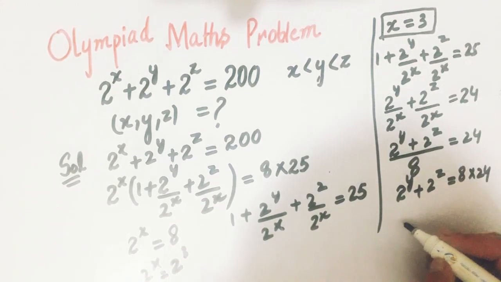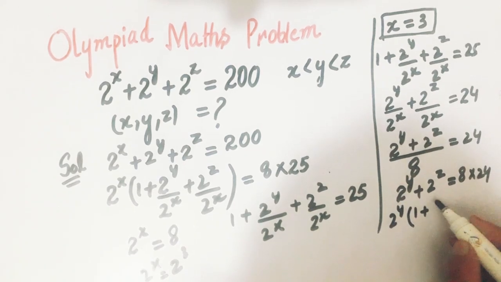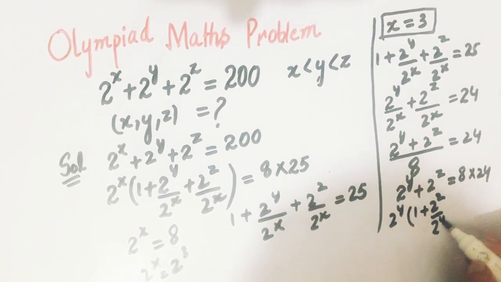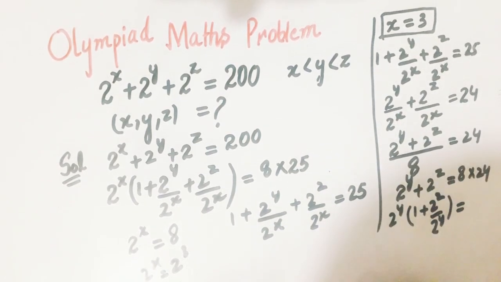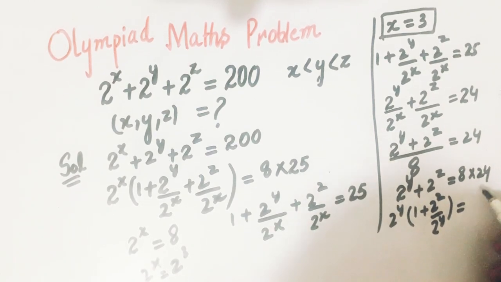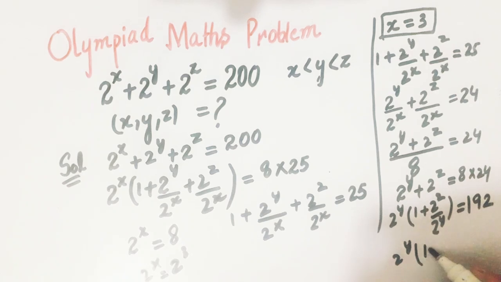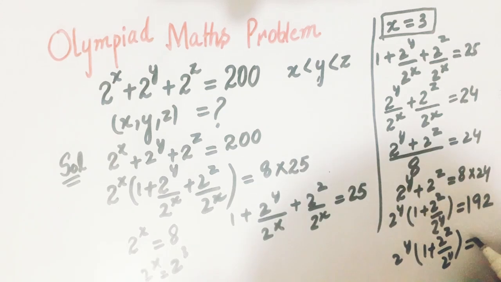So we get 2 raised to power y times 1 plus 2 raised to power z divided by 2 raised to power y, and 8 multiplied by 24 is equal to 192. 192 can be written as 2 raised to power 6 into 3, because 64 into 3 is 192.